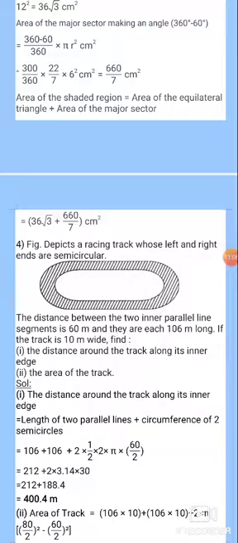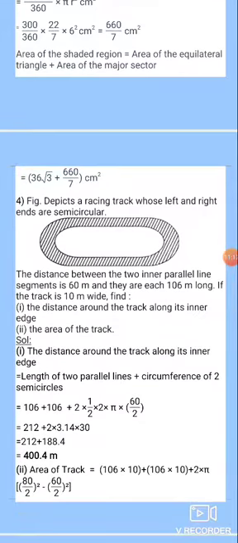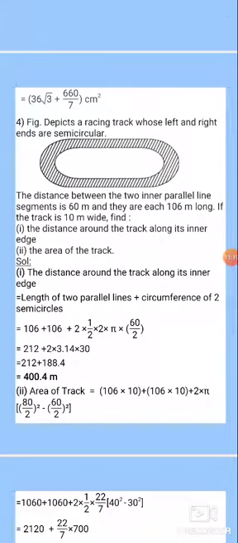Next to that, both sides a semicircular portion. So we know the area of a circle is pi r square. So next, 2 into, next step, listen carefully, 1/2 is also there. So 2 into half of pi into 80 by 2 the whole square minus 60 by 2 the whole square. How is this 80? So listen carefully.